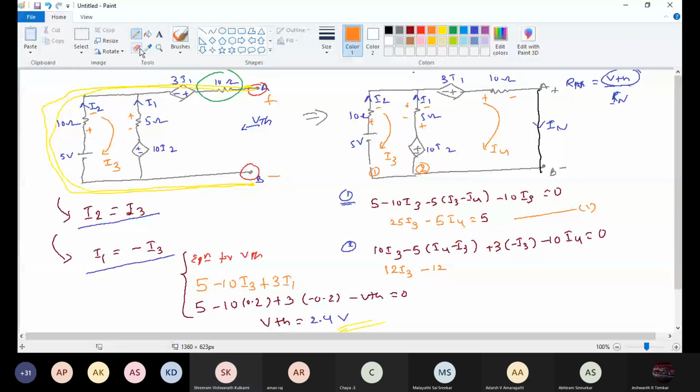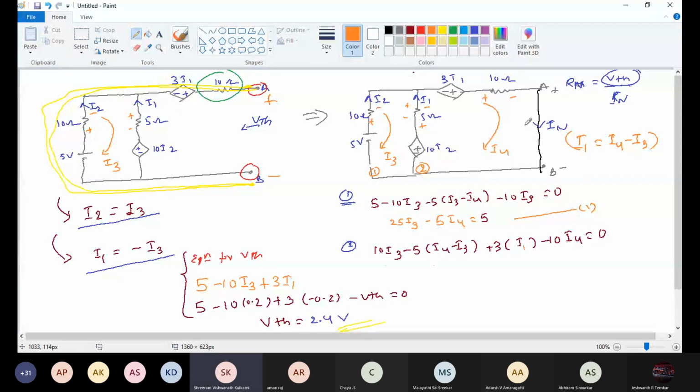See here, this is I1, correct? Here this is open circuited, so I1 equals minus I3. Now it's short circuited, closed circuit, so this I1 will become I4 minus I3.